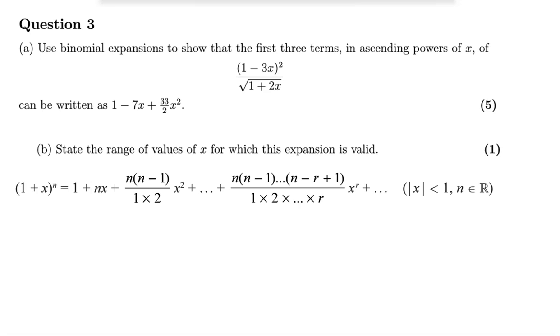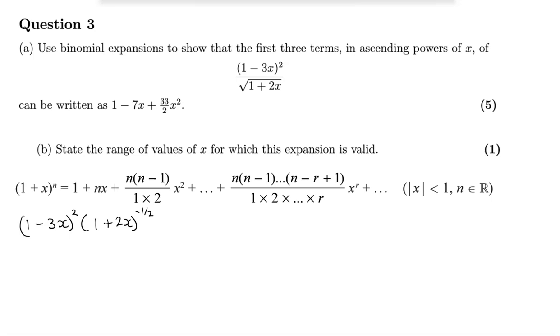So we're going to need the binomial expansion to get what the first 3 terms of this would look like. So rather than think of it as a division problem, what I want to do is reimagine this as 1 minus 3x to the power of 2, and I'm going to times that by 1 plus 2x to the power of negative a half.